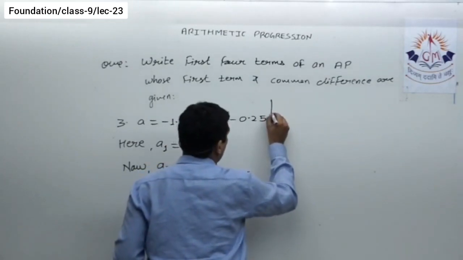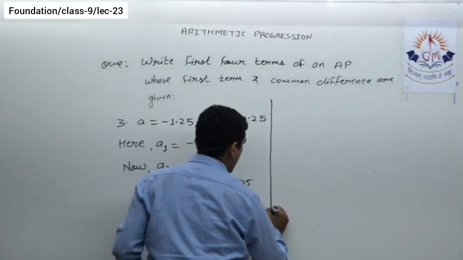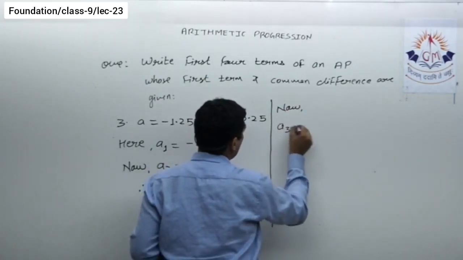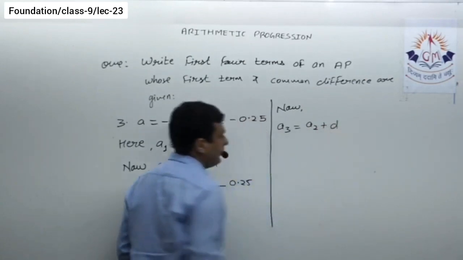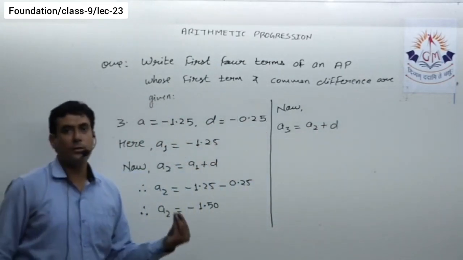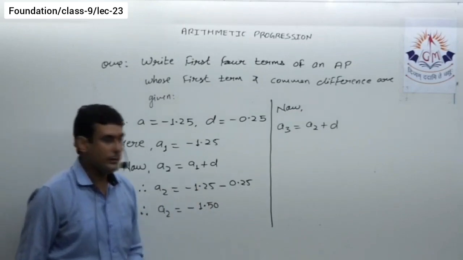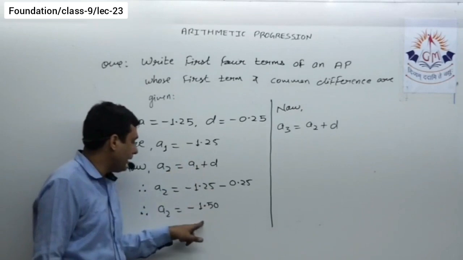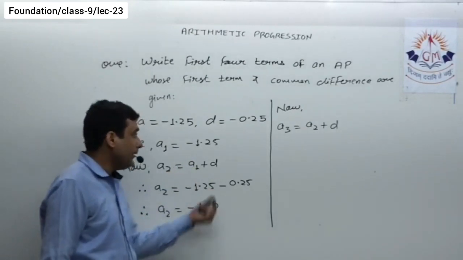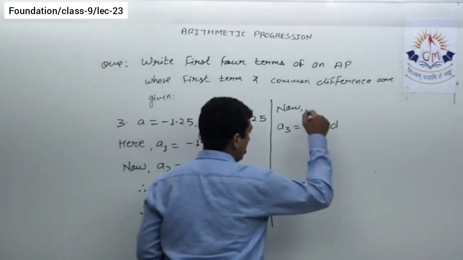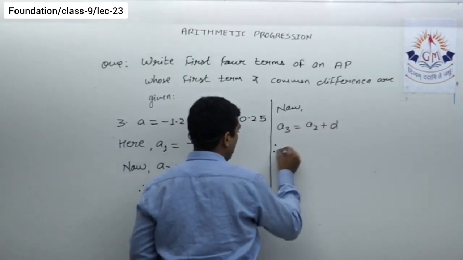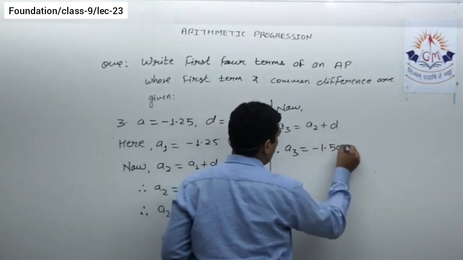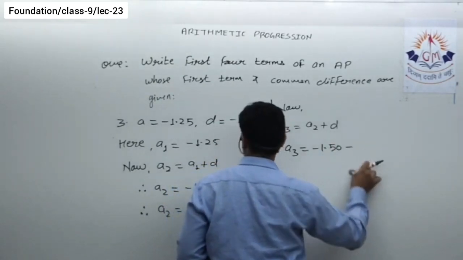That is the value of a2. Now we'll find a3. Now a3 is equal to what? a2 plus d. It's very simple. You have to add the common difference to the previous term to get the next term. So I added the common difference d to the previous term, a1, to get the next term, a2. Now I'm adding the common difference to the previous term, a2, to get a3. So a3 is equal to, now a2 is minus 1.50 minus 0.25.